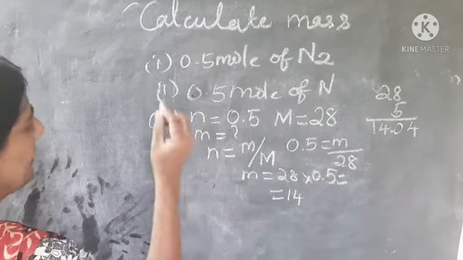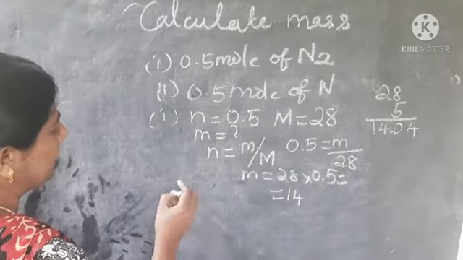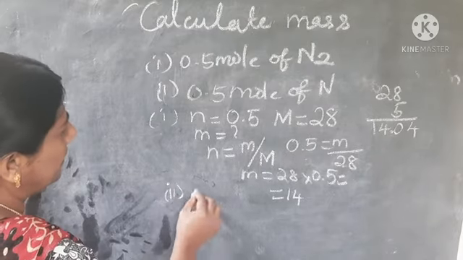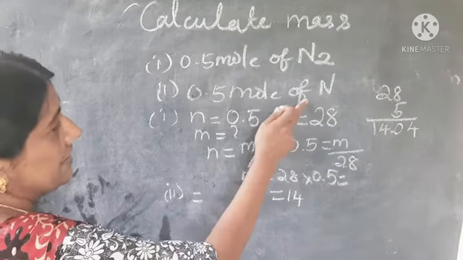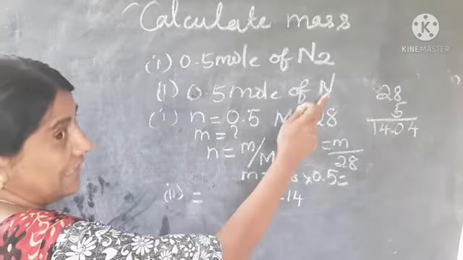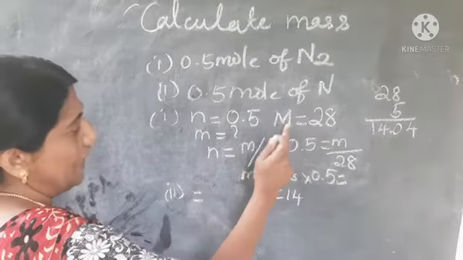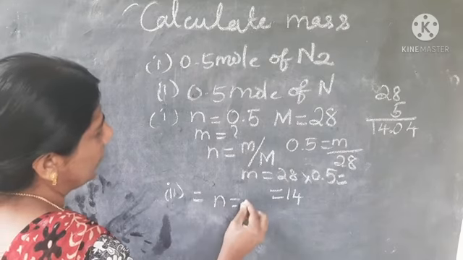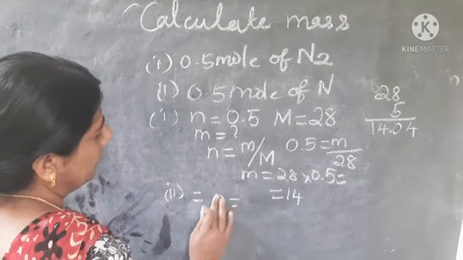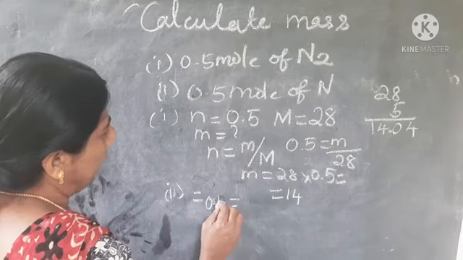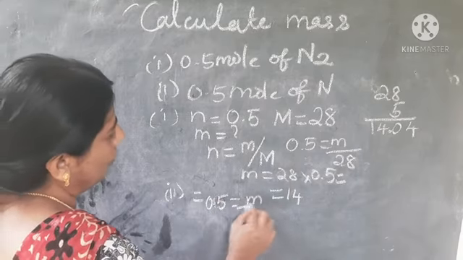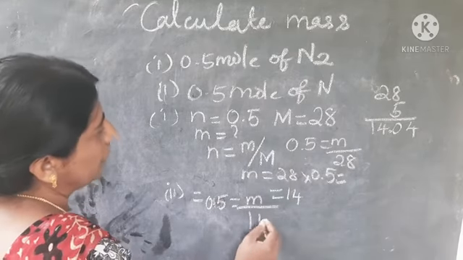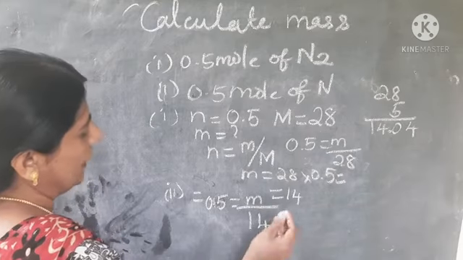And what about the second case? In the case of the second one, here nitrogen atom is present. So capital M you have to take as 14. So the formula we are substituting: n is given 0.5, small m we don't know, and capital M here you have to take as 14.